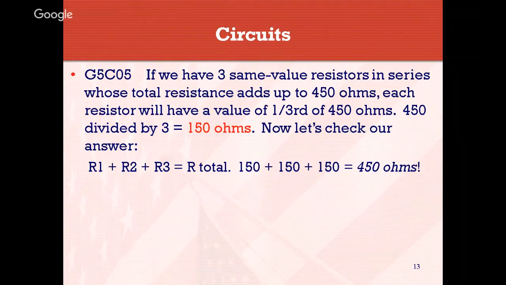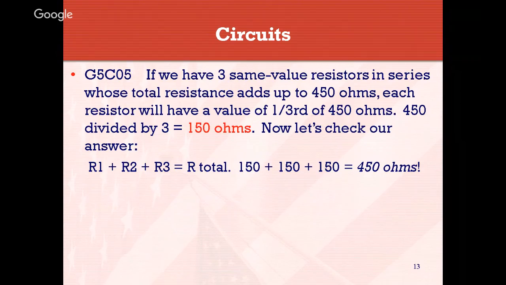So if you have three same value resistors in series whose total resistance adds up to 450 ohms, each resistor will have a value of one third of that 450 ohms. So 450 divided by 3 is going to equal 150 ohms. And yeah, check your answer there.